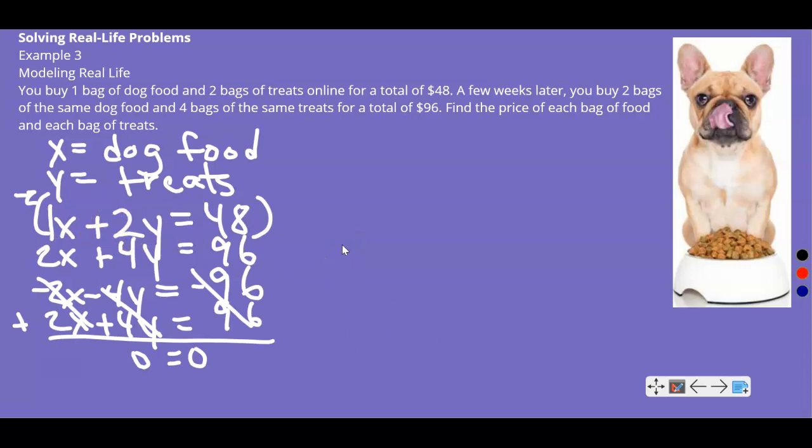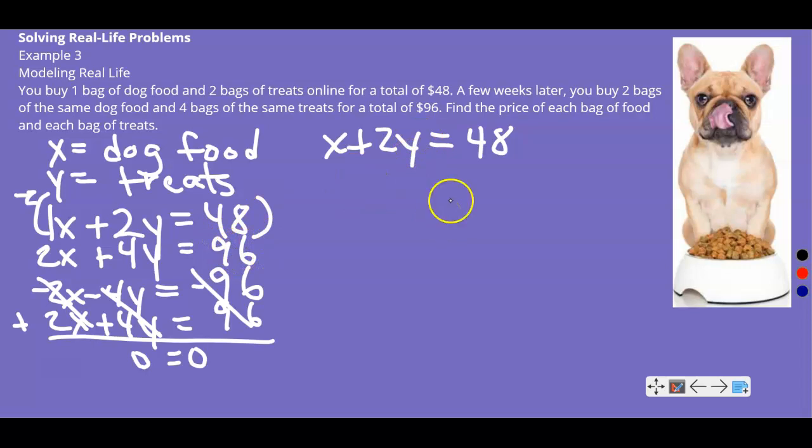So let's take our first equation, x plus 2y equals 48. We know that these are equivalent equations, so we just have to find the intercepts for one equation, and we know it's ultimately going to be the same line. If we find the intercepts for one, we're finding the intercepts for the other one as well.